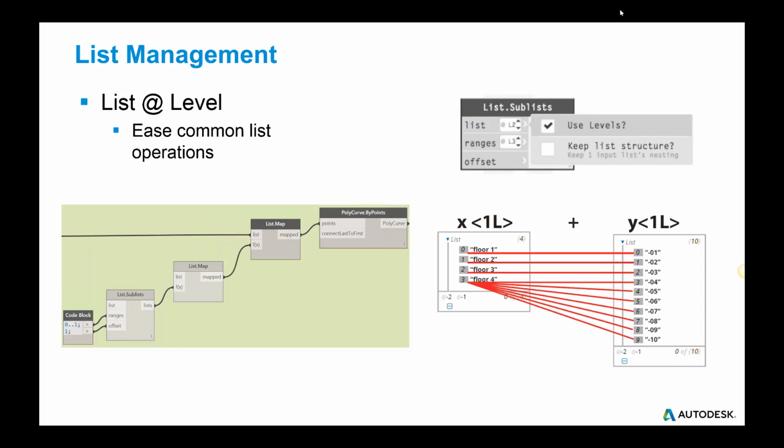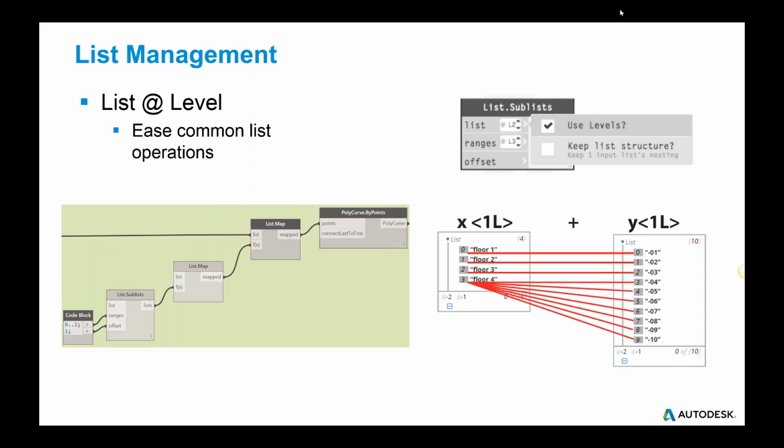When you're dealing with nested lists, so I have all of the windows on all of the floors of my building, generally the way that Revit is going to represent that is that you're going to have a list that represents all of the floors of your building, and then you're going to have all the windows inside of all of the floors. That's a nested list. And asking what the first item in each nested list is has been something that has not been so fun for people. And I'll show what that means too.